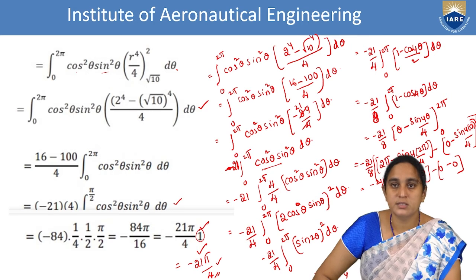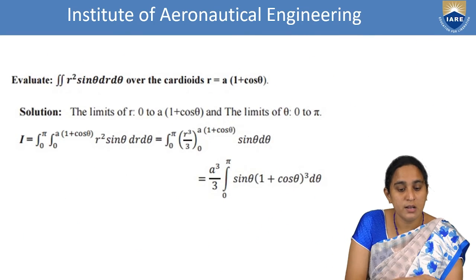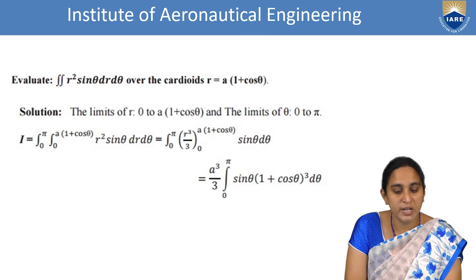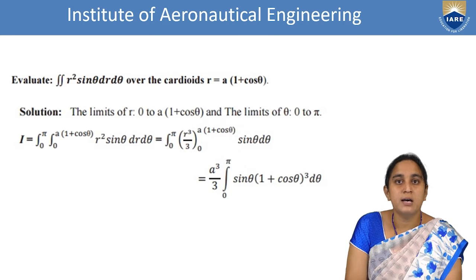Now next I'll go through the second question here. Double integral of r square sin theta into dr d theta over the cardioid r is equal to a into (1 plus cos theta). Here the question is directly given in r and theta.